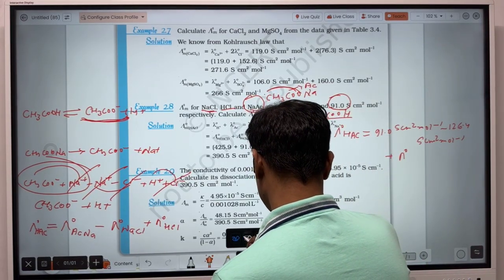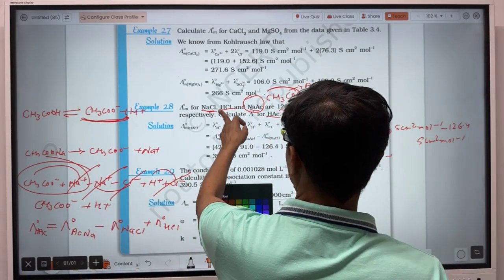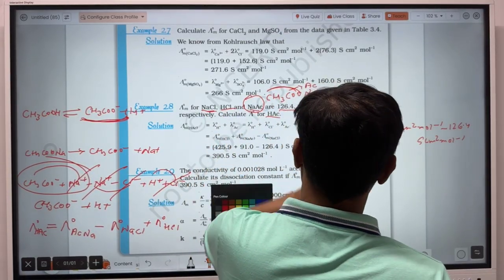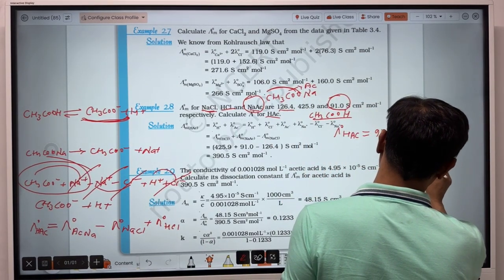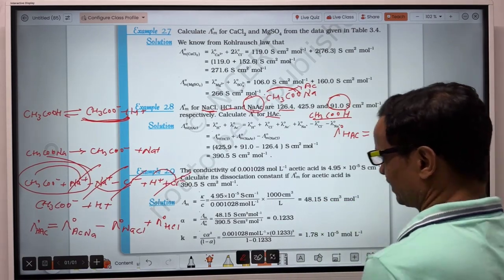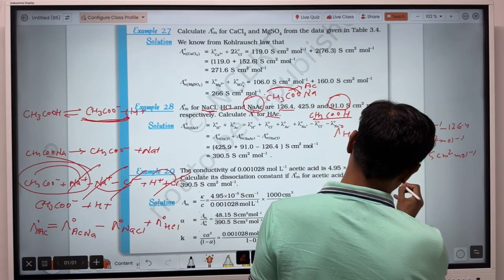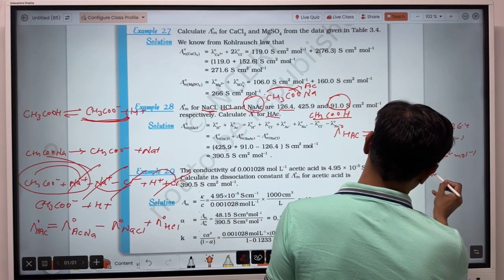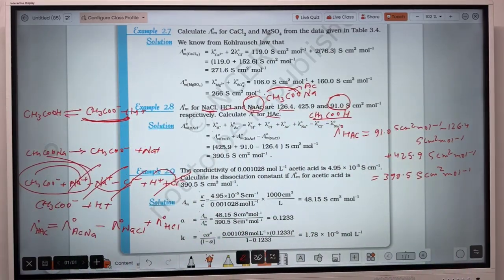The limiting molar conductivity of HCl has been given as 425.9, so plus 425.9 Siemens centimeter square per mole. Calculate this and finally you will get 390.5 Siemens centimeter square per mole. Is it clear or not for you?